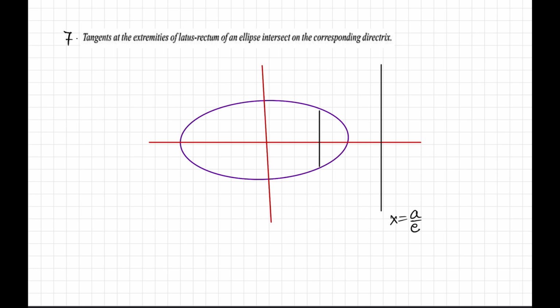So maybe थोड़ा सा डायग्राम का ओरिएंटेशन प्रॉपर नहीं हुआ है, बट आई होप यू क्लियरली अंडरस्टैंड. तो अगर हम दोनों एंड्स पे टेंजेंट ड्रॉ करेंगे, so it will meet at the corresponding directrix. So this is what this diagram shows. So they'll meet at the corresponding directrix. So this is what this property has to say. The tangents at the extremities of a latus rectum intersect at the corresponding directrix.